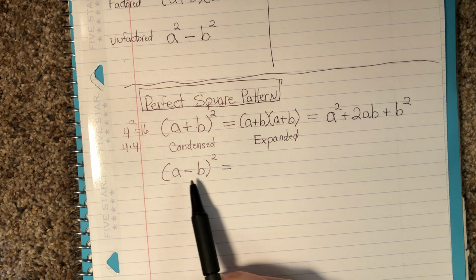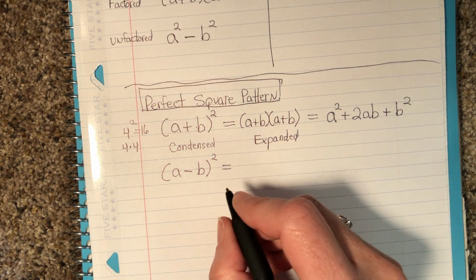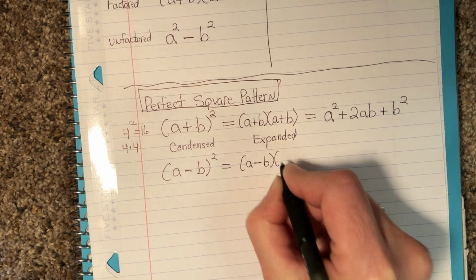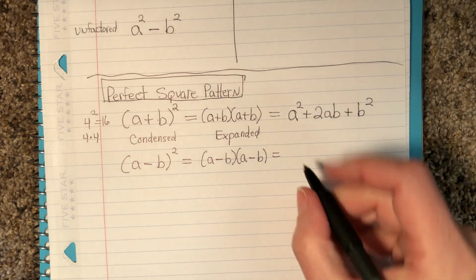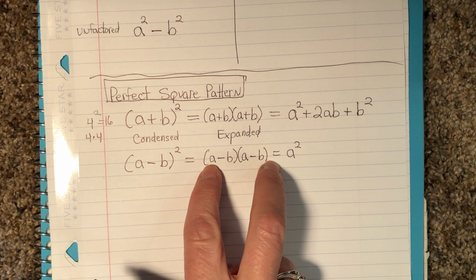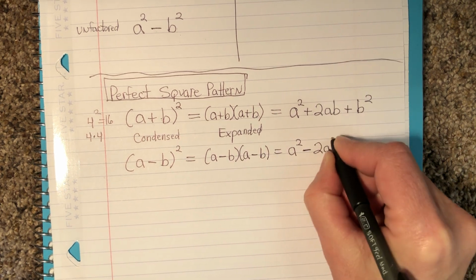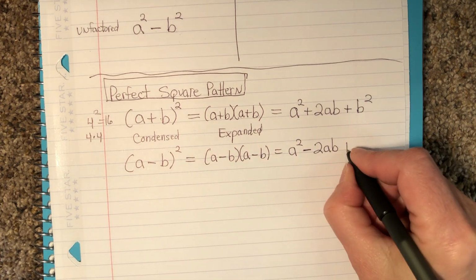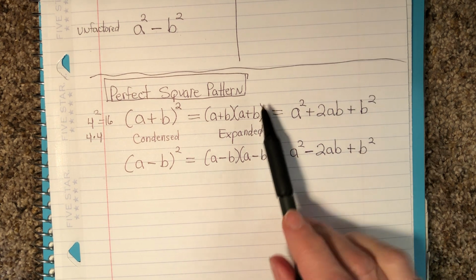So recognize that a minus is the same as a plus negative. A minus B squared is the same as A minus B times itself. If I FOIL that, I get A squared minus AB minus AB, which is minus 2AB. And then the last is negative B times negative B, or plus B squared. So these are the two patterns.